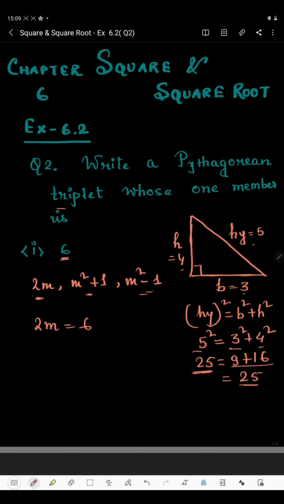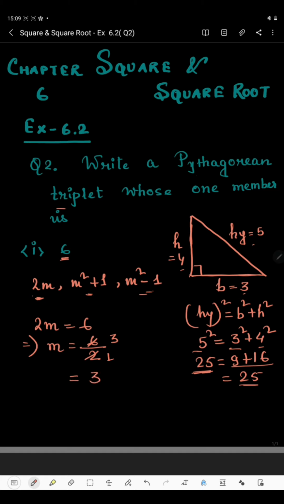Why? Because this 6 is one of the members of Pythagorean triplet and 2m is also one of the members. Now to get the value of m, 2 is multiplied by m, means the value of m will be 6 divided by 2. So 2 1s are 2, 2 3s are 6. So the value of m is 3.